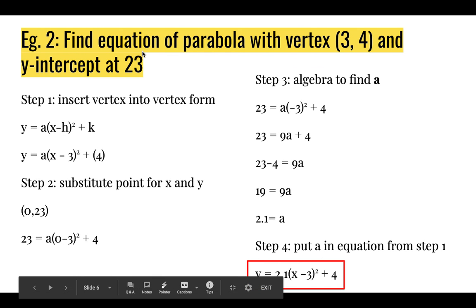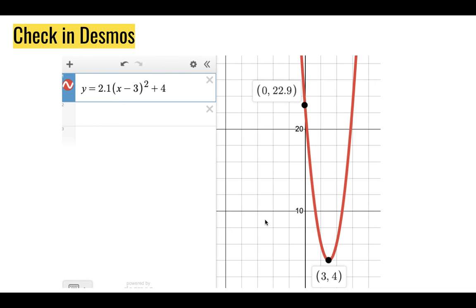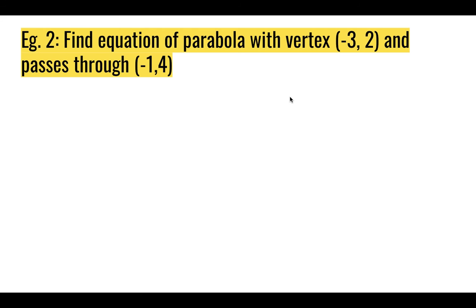But the y-intercept might not be exactly 23 because I had to round this a bit. So see how when I graph it, the y-intercept is 22.9. If you had graphed it as 19 over 9, you would probably get the exact intercept. But it's okay if you're rounding the decimal, that's fine.